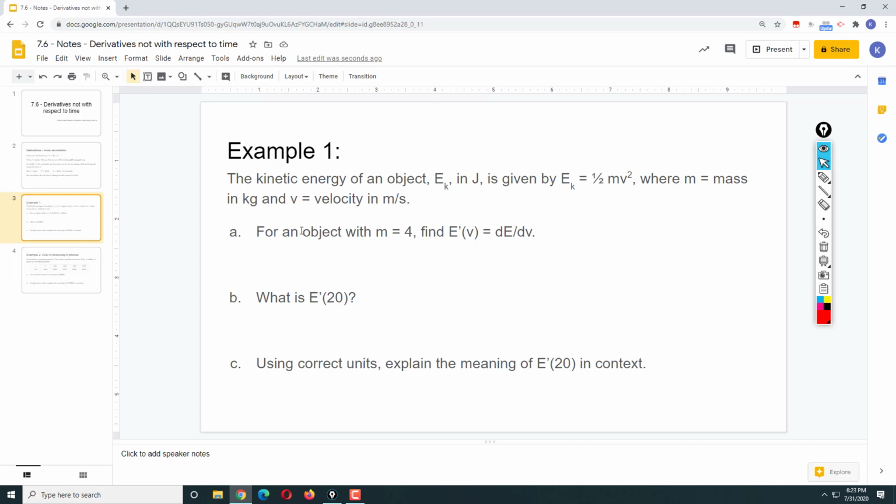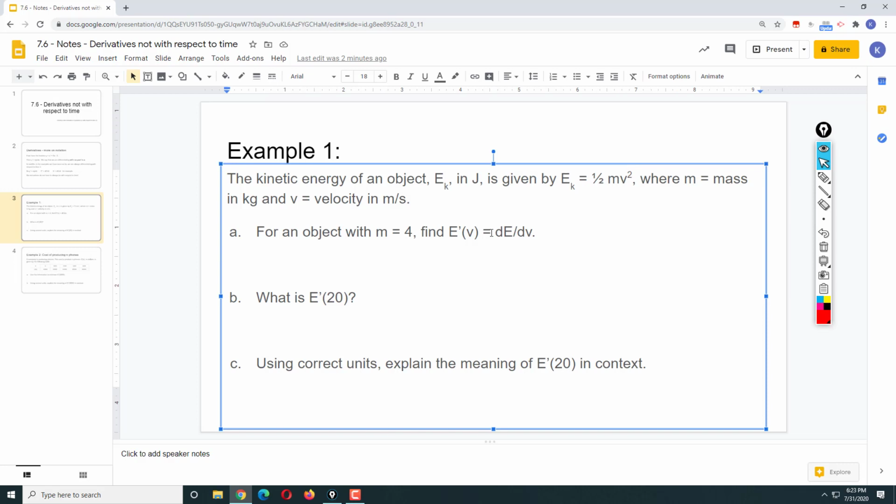Part A: for an object with mass equal to 4, find E prime of v, which is equal to dE over dv. So this time we're looking directly at the relationship between energy and velocity. We're differentiating both sides.